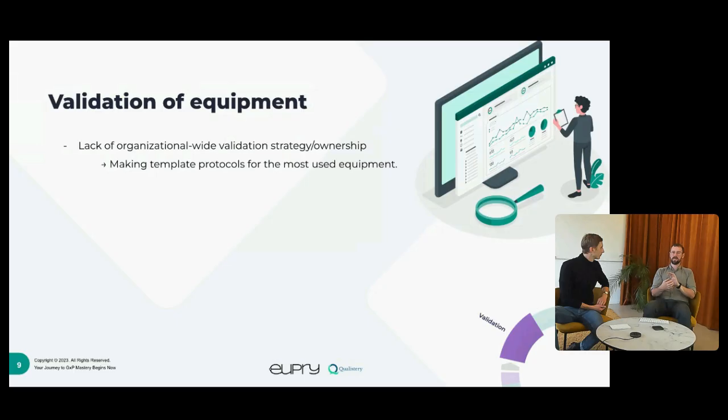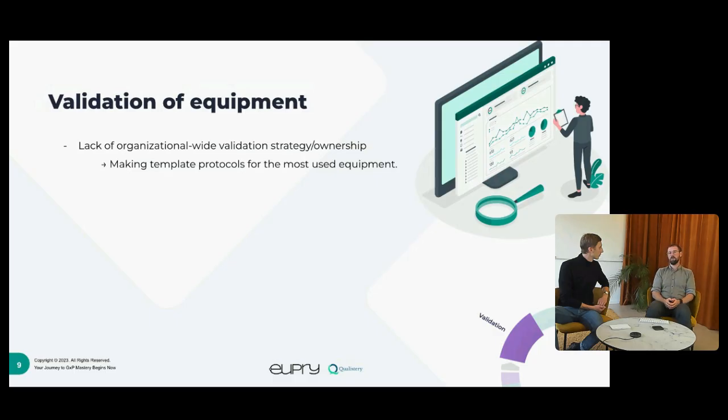That means that often you will have singular units, or even in smaller organizations singular labs, performing validation in an incoherent way. One of the automation solutions we identify is that rather than making individual templates, protocols and strategies, you have an organization-wide strategy and template protocols for the most commonly used equipment.